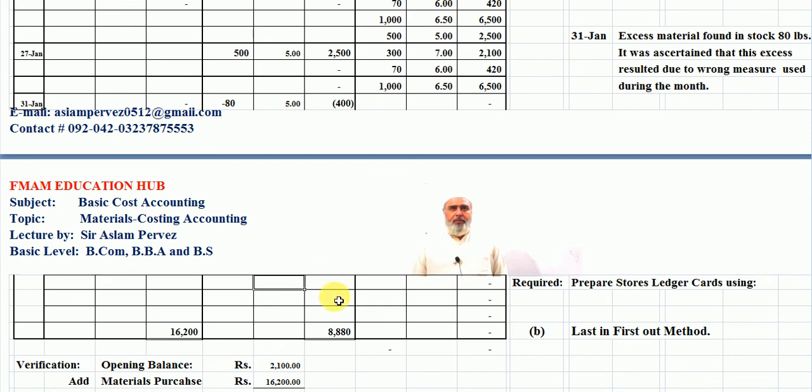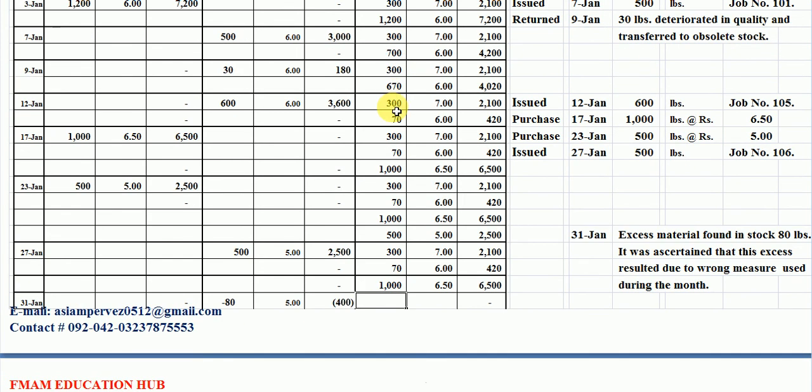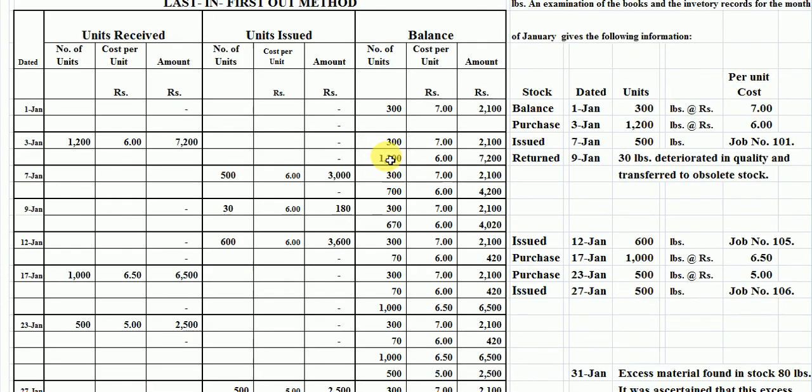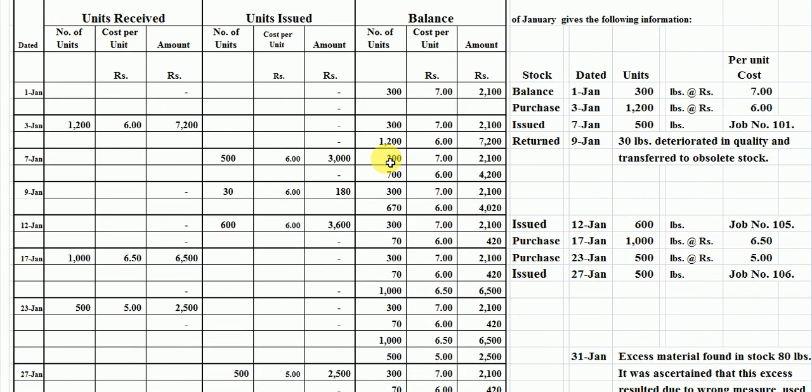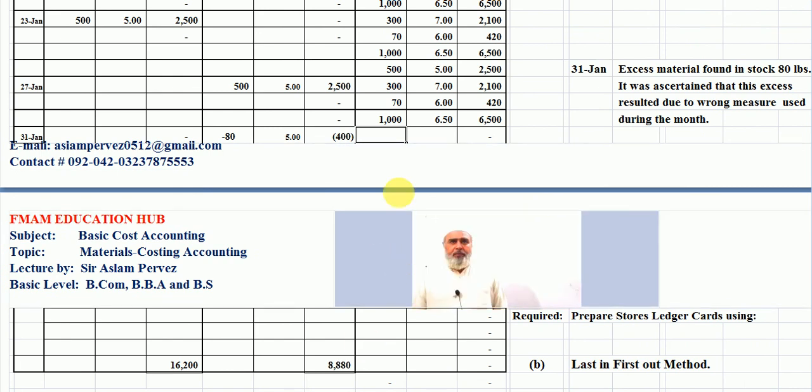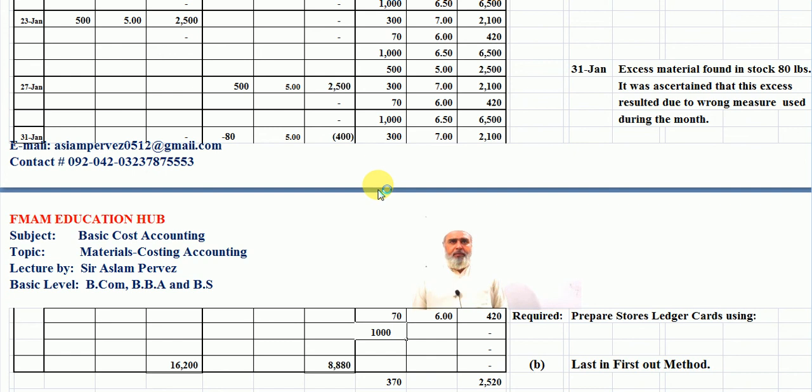Friends, now our card is here. 300 pounds, the rate is 7 per pound. 70 pounds, the rate is 6 per pound. 1000 pounds of material, the rate is 6.50 here.